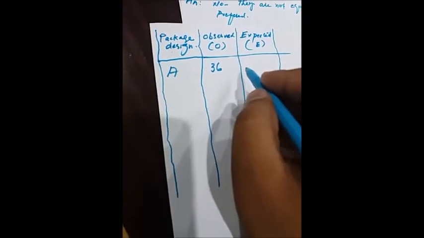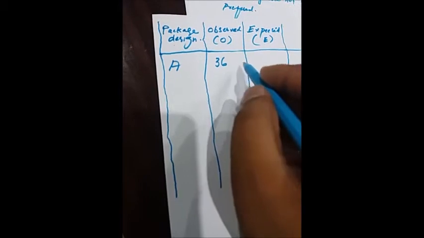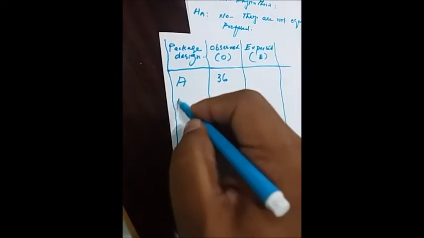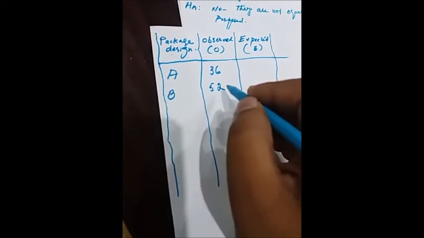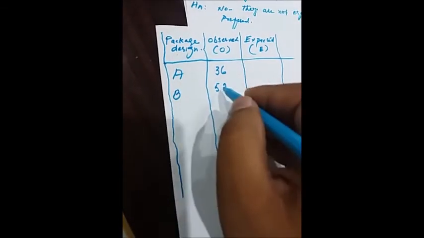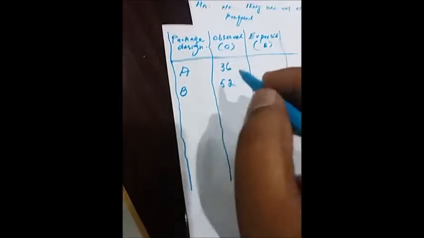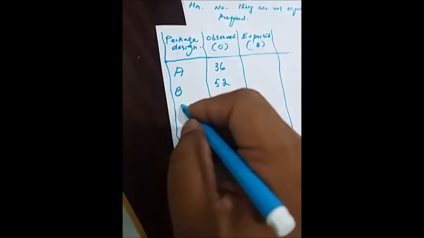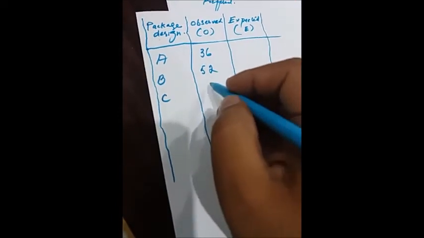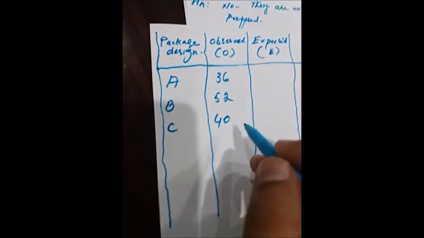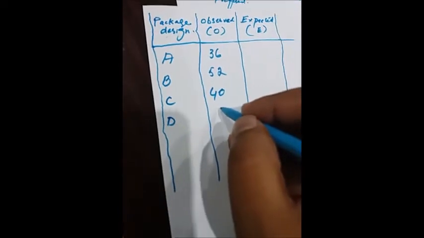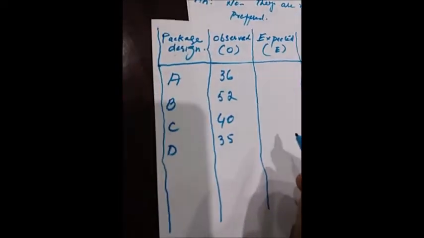After collection of the data, we have observed that 36 consumers preferred package design A, and 52 consumers preferred package design B. We observed that 52 consumers preferred B design, and 40 consumers preferred the design C, whereas 35 consumers preferred the design D.